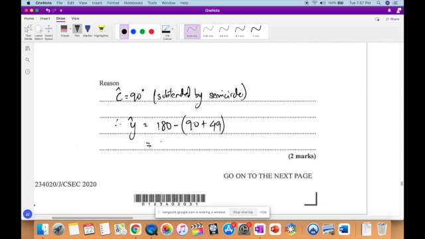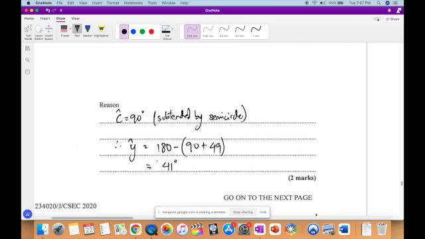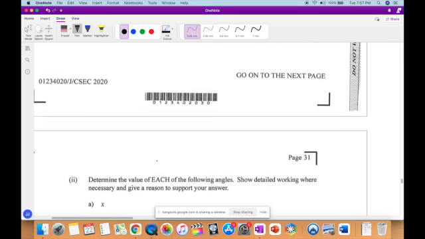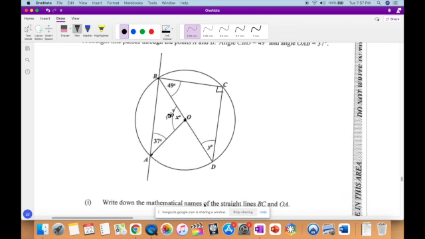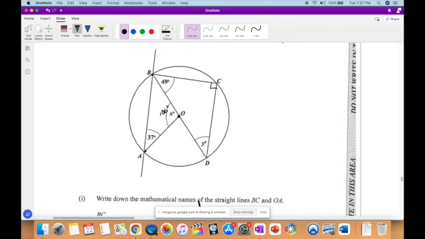Alright, so that is 90 plus 49, 139. 180 minus 139 is indeed 41 degrees. That's what you got, 41? Yes, sir. Alright, nice. Cool. Did you understand what we did?